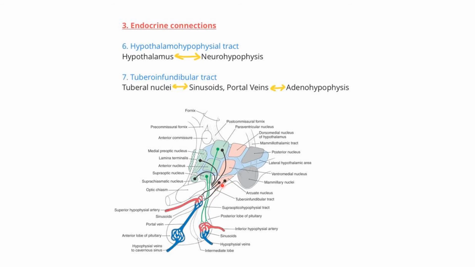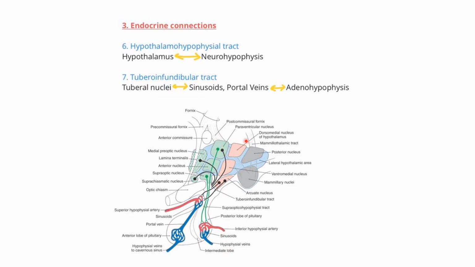So it secretes some hormones into the sinuses and the portal veins, and this has effect on the adenohypophysis, and we will see in other pictures how it has effect on the different hormones. And we have here the neurohypophysis, the hypothalamo-hypophyseal tract.